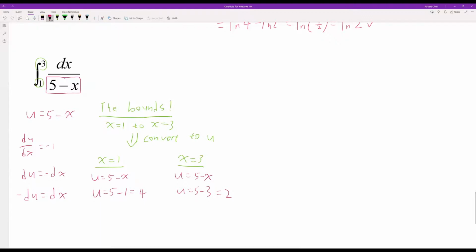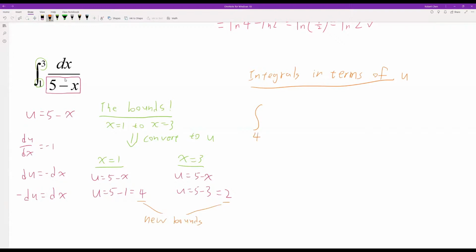Right? So our new integral completely in terms of u is going to look like this. Integral, now the bounds, instead of going from 1 to 3, is now going from 4 to 2. These are our new bounds.